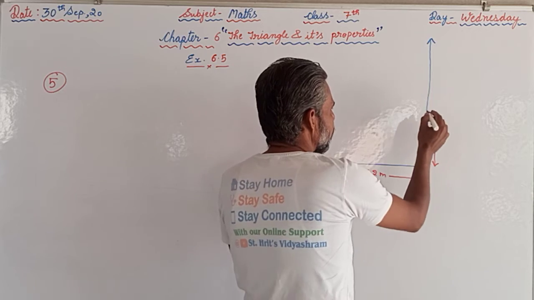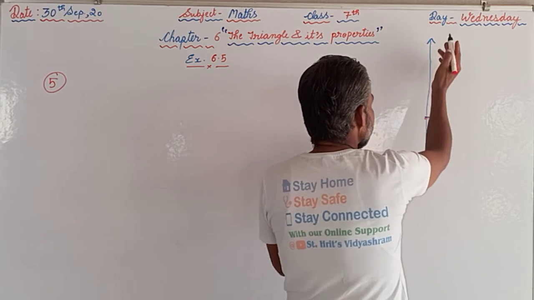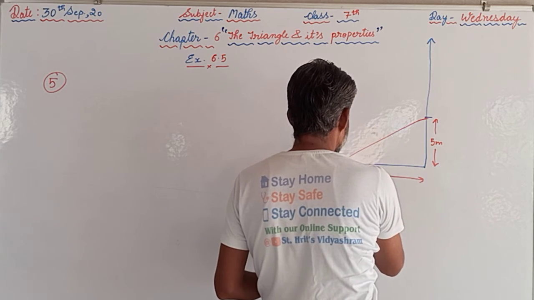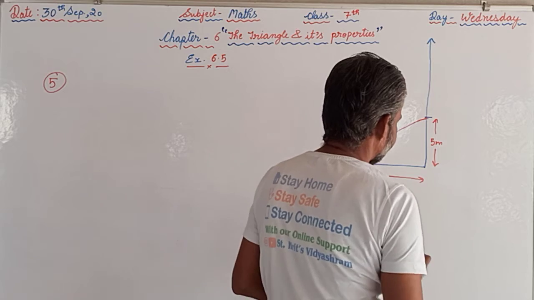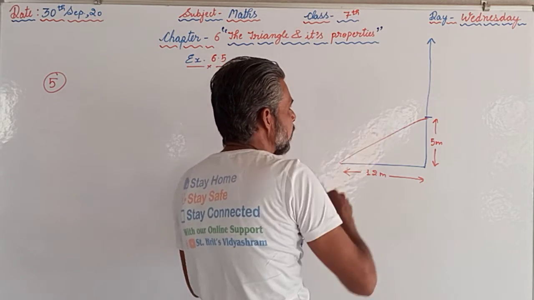It was broken from here, and from here this part will fall down this side, so this will be like this. So we have to find the total height of the tree.